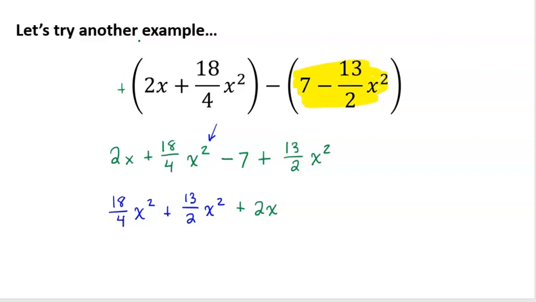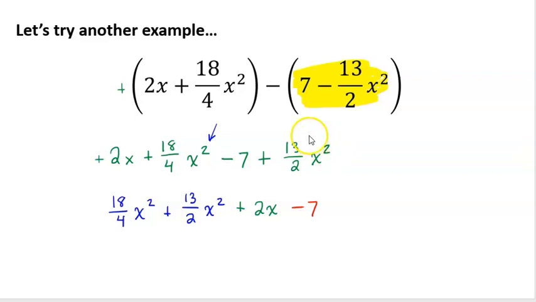Notice that 2x is positive, and then I have that minus 7 at the end. And then I can just count my terms. 1, 2, 3, 4. 1, 2, 3, 4. And that kind of tells me, okay, I didn't forget anything.